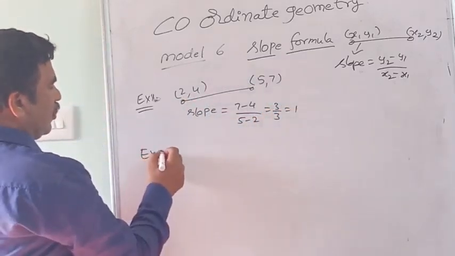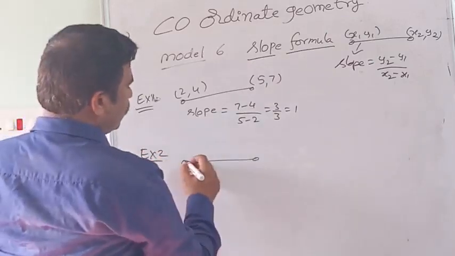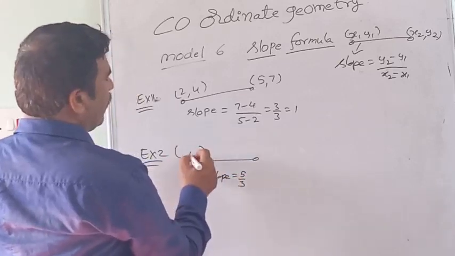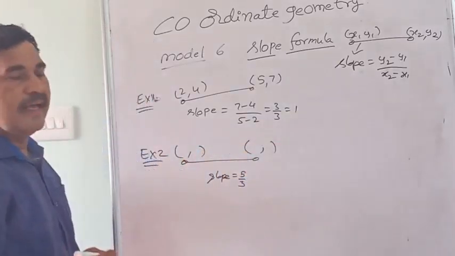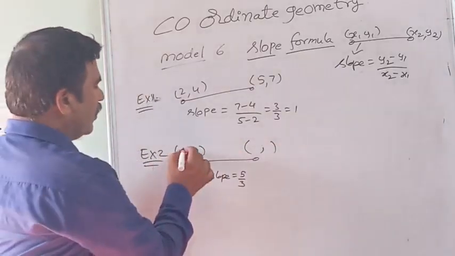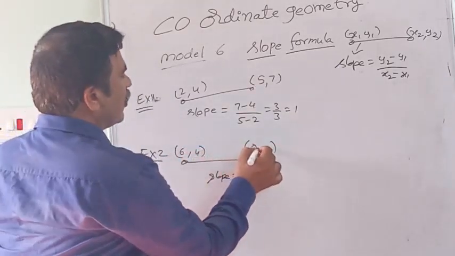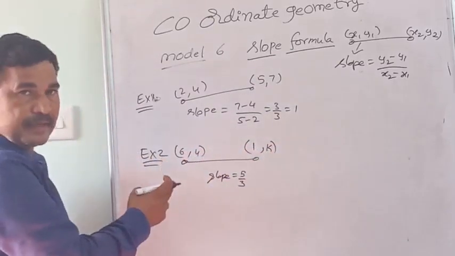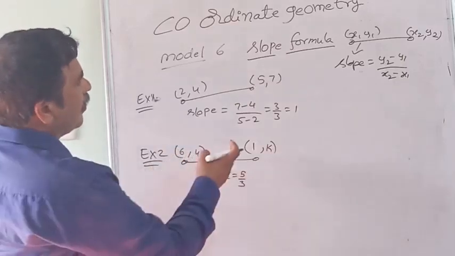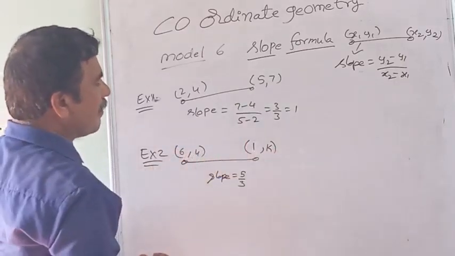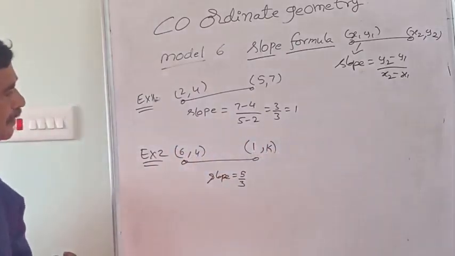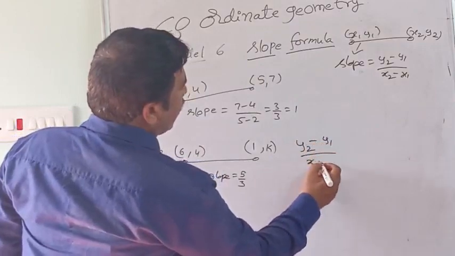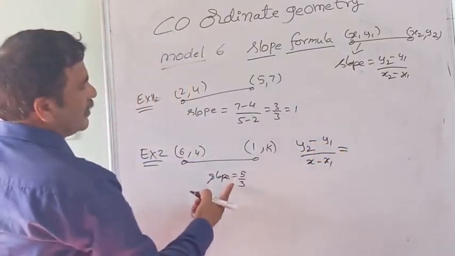In example 2, he gives slope. Slope is equal to 5 by 3, and he gives some missing value in this, like 6, 4, 1, k. Then what to take is, x1, y1 is 6, 4, x2, y2 is 1, k, slope is 5 by 3. In such a case, what will you write? y2 minus y1 by x2 minus x1 is equal to how much given?